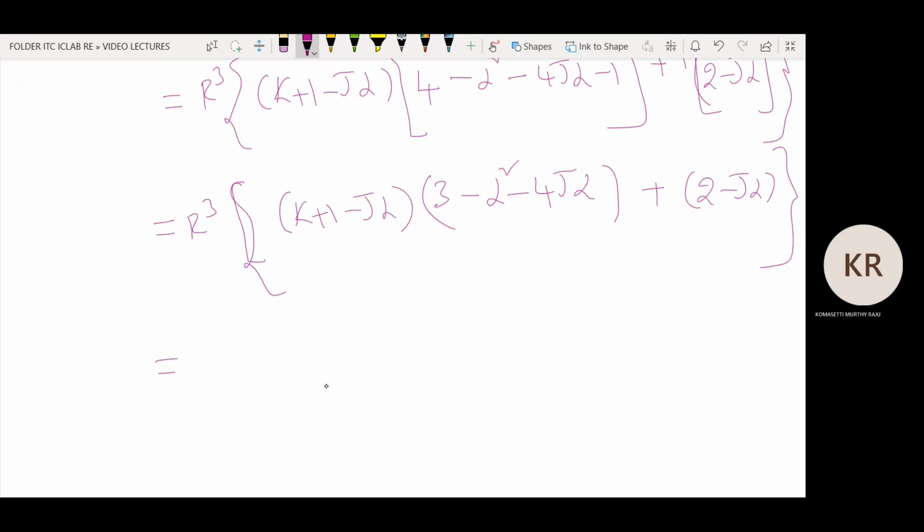Multiply k into here k plus 1 minus j alpha.